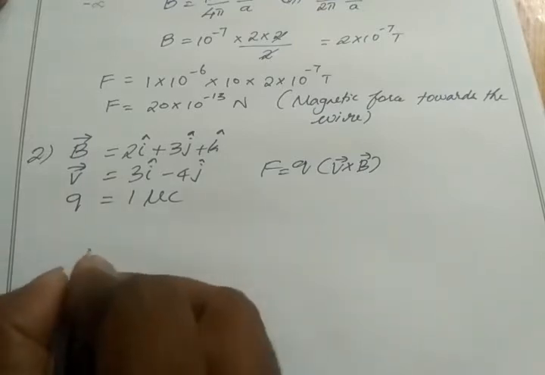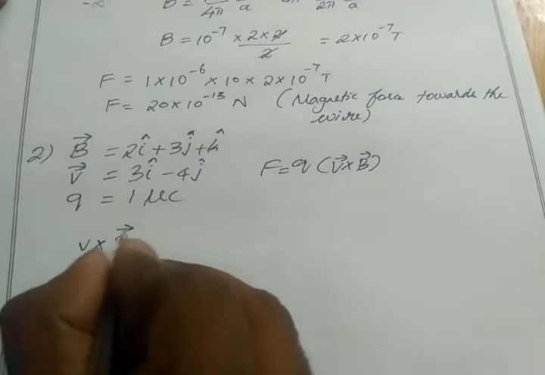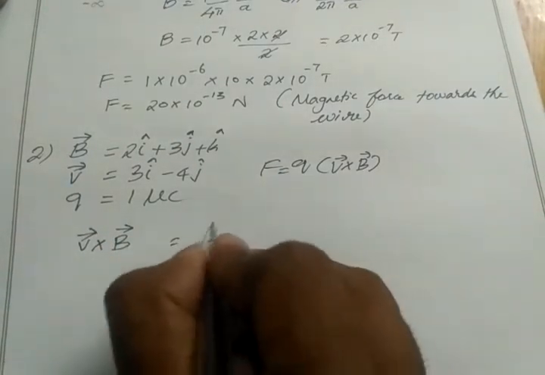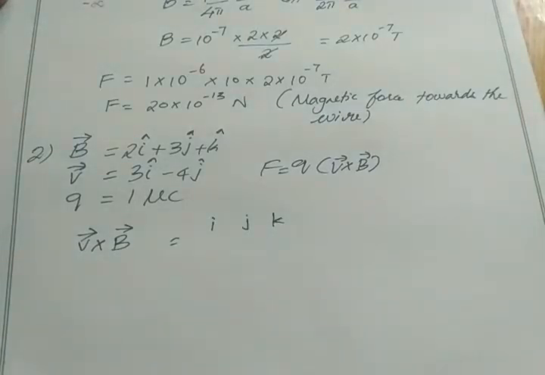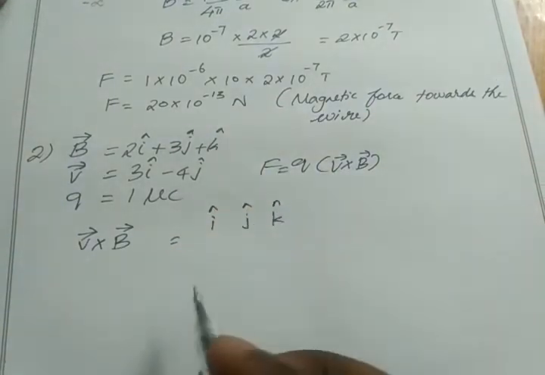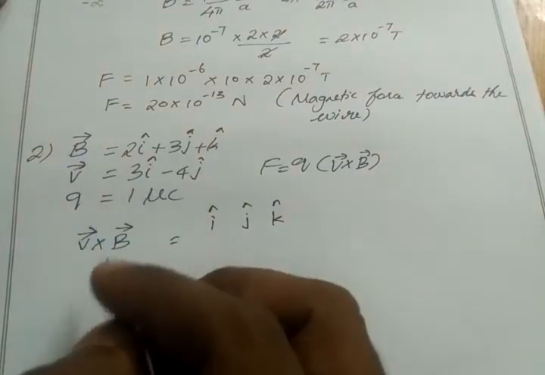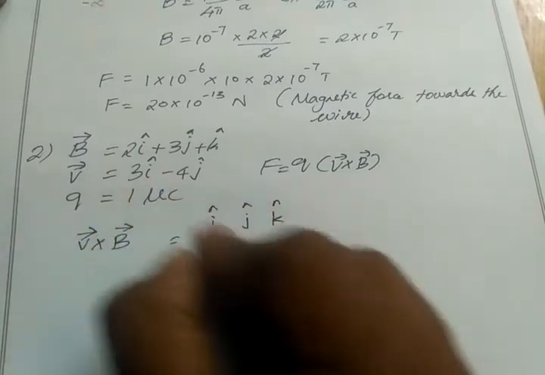So how to do cross multiplication? You studied in mathematics. If it is in Cartesian form, then we have to multiply like this. Okay, so i vector, j vector, k vector. So we have to write V cross B. So what is the value of V?